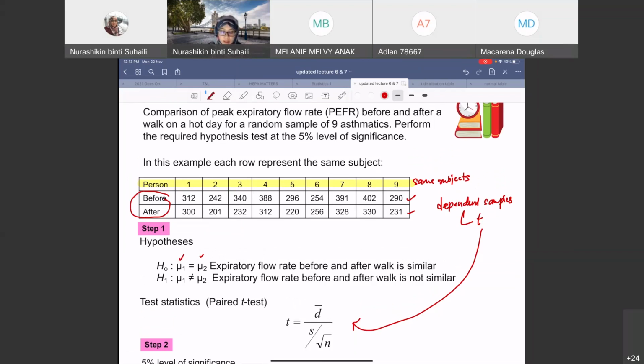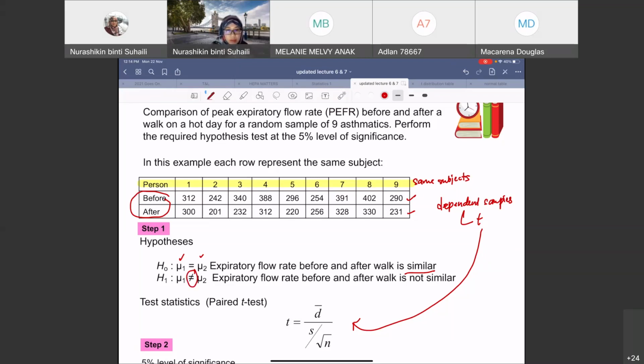Or you can say in a sentence: the expiratory flow rate before and after the walk is similar. Similar means no difference. And the alternative hypothesis: since it doesn't mention any condition, whether before is greater or after is greater than the other, you can set the default symbol where mu1 is not equal to mu2.